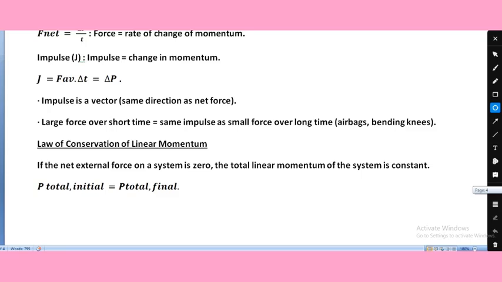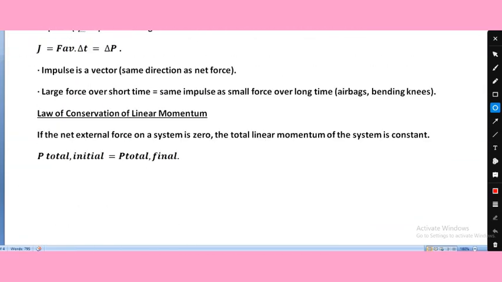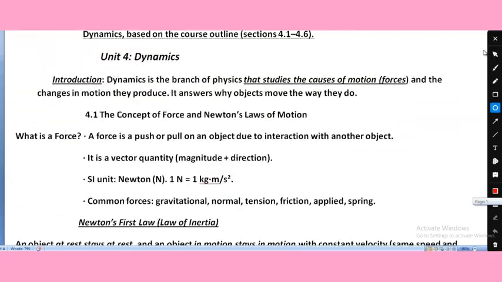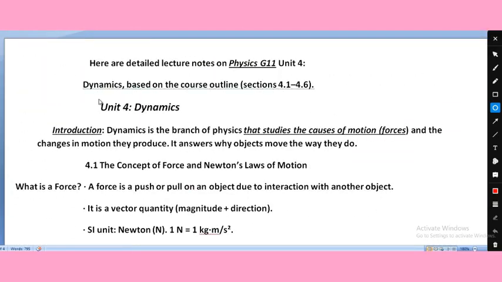The total initial momentum is equal to the total final momentum. In general, today we're discussing physics grade 11, chapter 4, unit 4: dynamics. What is dynamics? It is a branch of physics that studies the cause of motion.